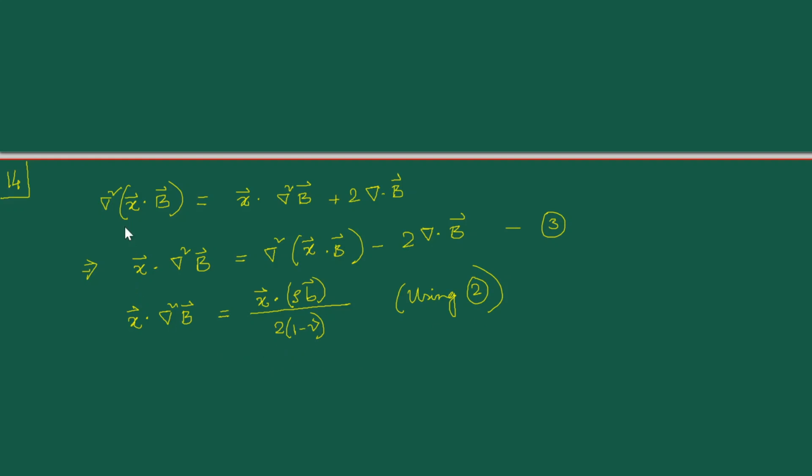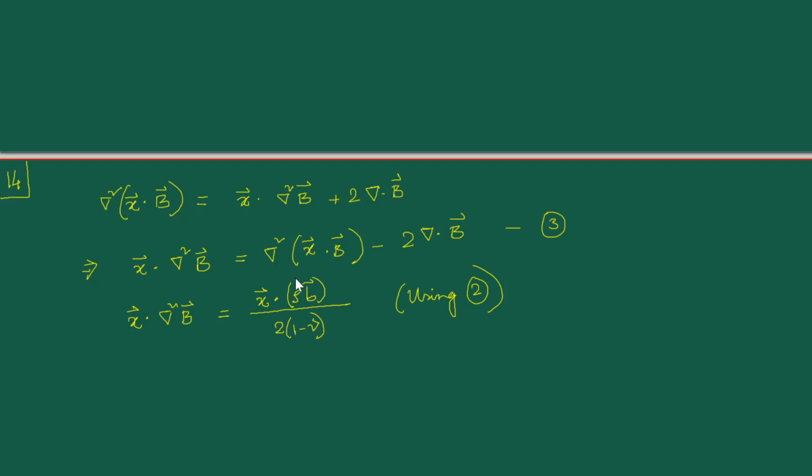Please also note that this x vector that I am writing is the simple x vector representative of the coordinate system. Just because I'm writing this as x vector, it does not mean that it is limited to the rectangular Cartesian coordinate system. This applies equally well to the cylindrical coordinate system and the spherical coordinate system, and in those cases it will correspond to r, theta, z, etc. So this is just a generic representation. So we have something known about the left hand side of this equation number 3.